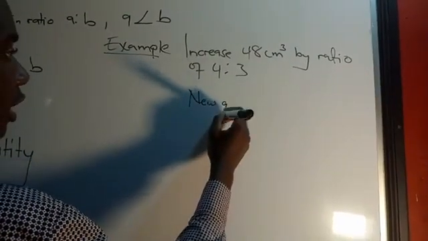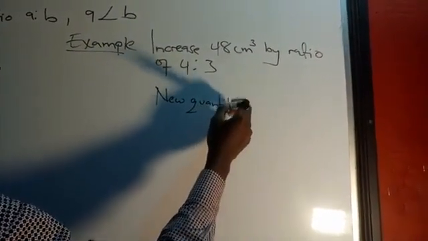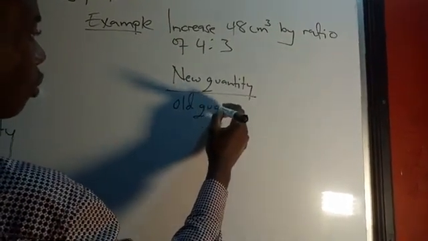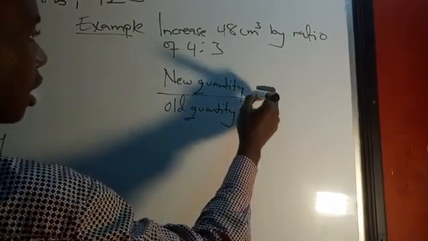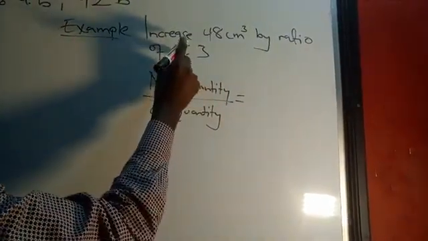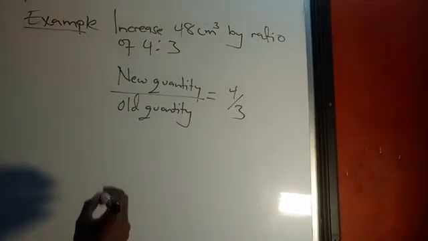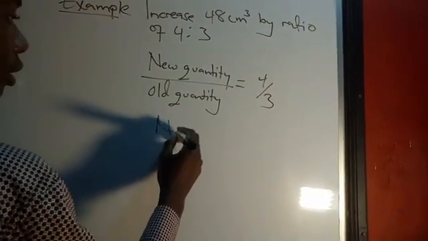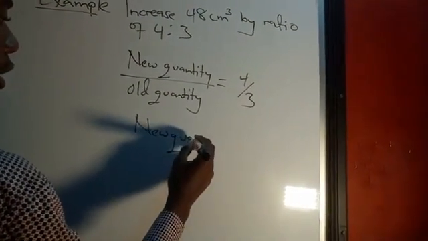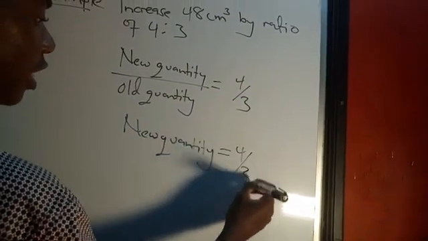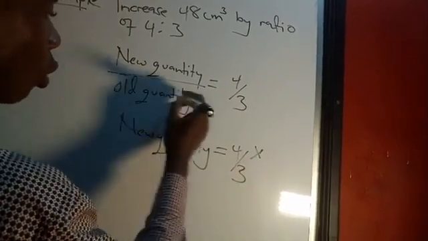So we are going to say that new quantity over old quantity is equaling to 4 over 3, and our new quantity will equal to 4 over 3 times the old quantity.